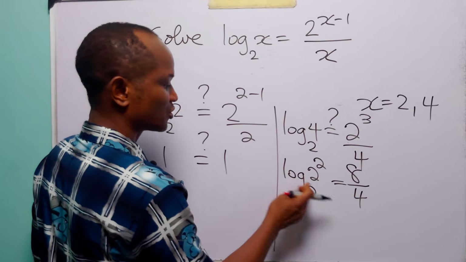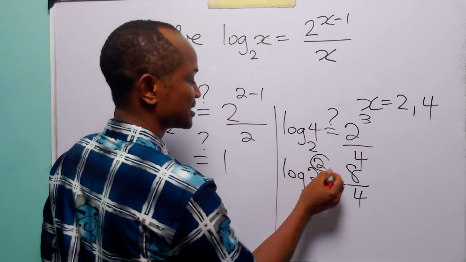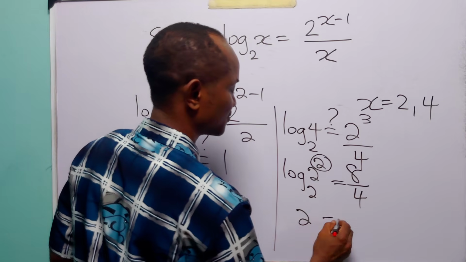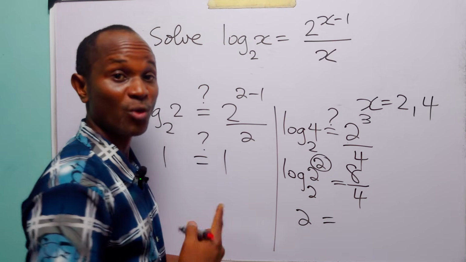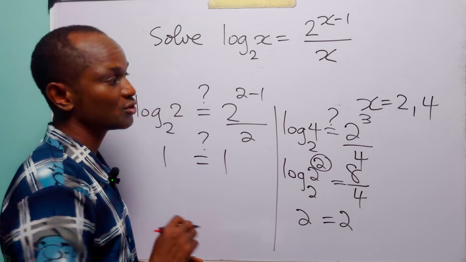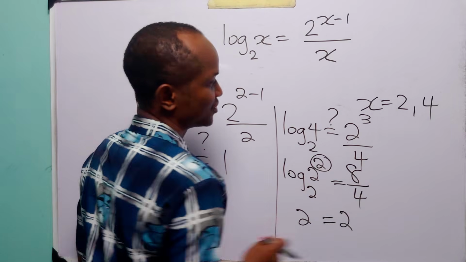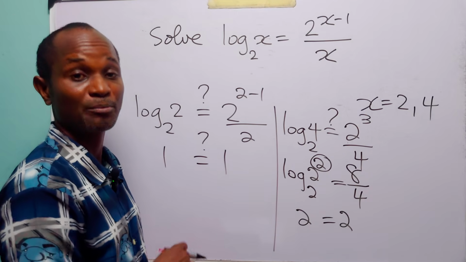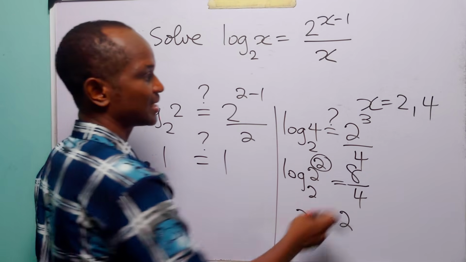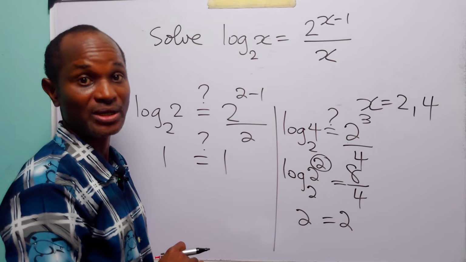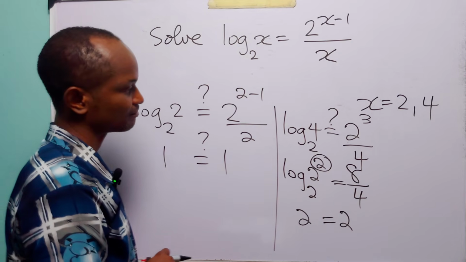Of course, you know that log to base 2 of 2 to the power 2 is equal to 2. So on the left-hand side, we have 2. 8 divided by 4 is equal to 2. And of course, you know that 2 is equal to 2. So these two values of x satisfy the original logarithmic equation. But most importantly, we know that these are the only two values of x that satisfy this logarithmic equation.